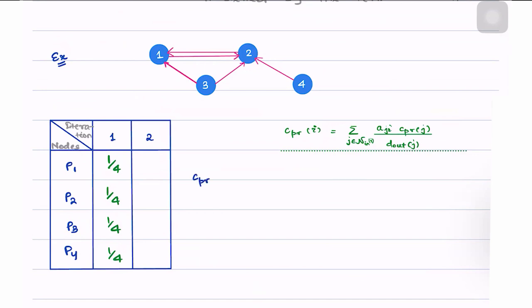PageRank of node number 1 should be equal to the weighted sum of the PageRanks of all of its in-neighbors. So its in-neighbors are CPR2 plus CPR3. And what do the weights look like? Here we have not given any edge weights, so we can simply assume the edge weights to be equal to 1.